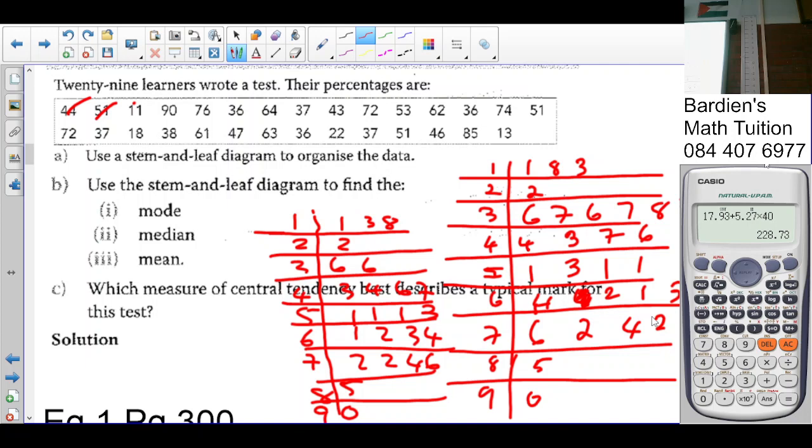So I'm sorting something. Does this belong to this row here? No, it doesn't. The 6 belongs to the 3.